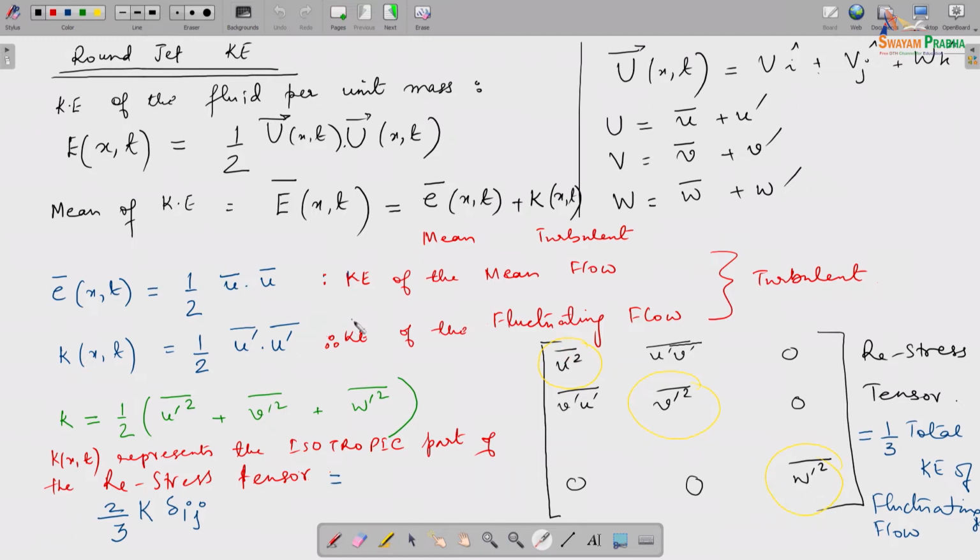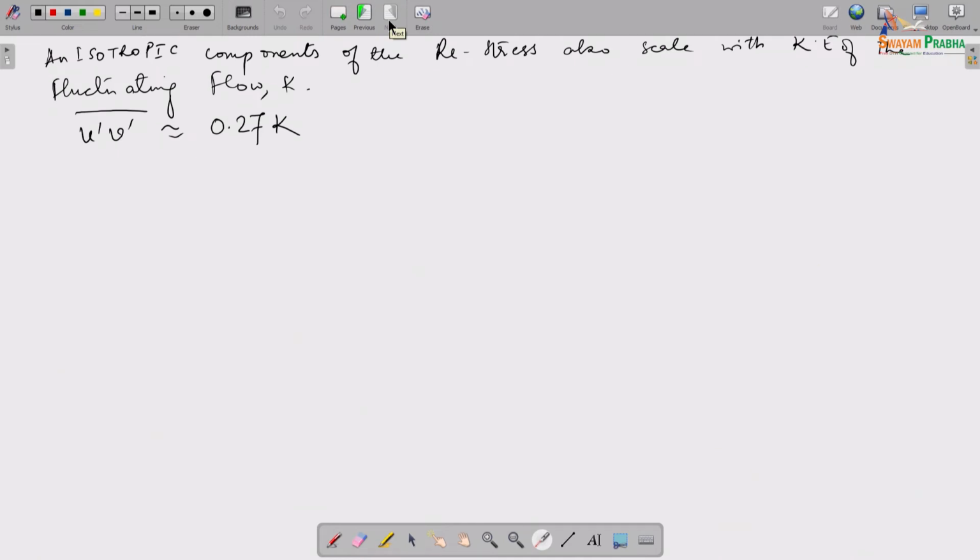So if I can calculate this part, I should be able to get the Reynolds stress tensor, right. And of course, the velocities for the turbulent flow are represented as a mean value plus a fluctuating one, right. Okay. Now let us look at this.